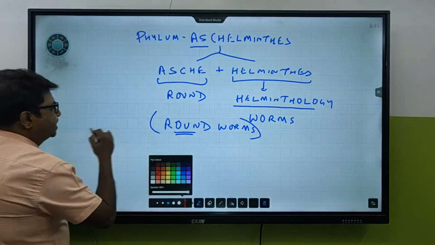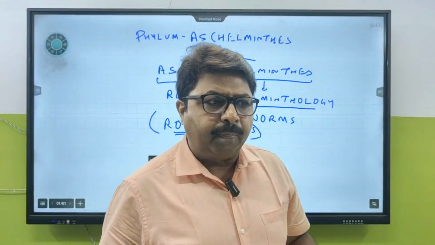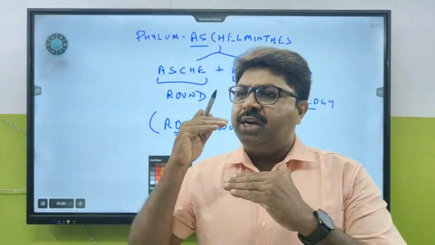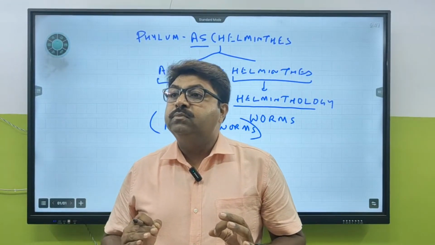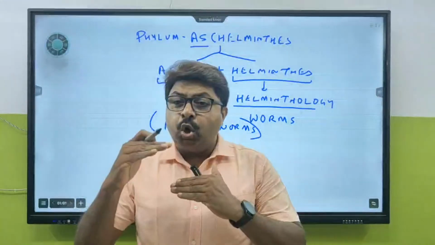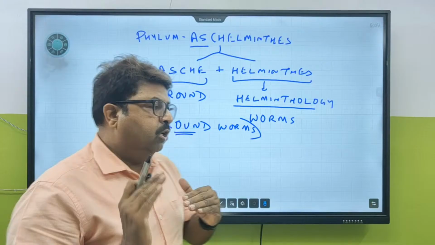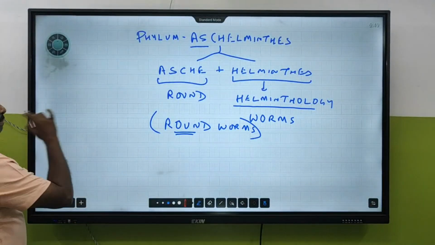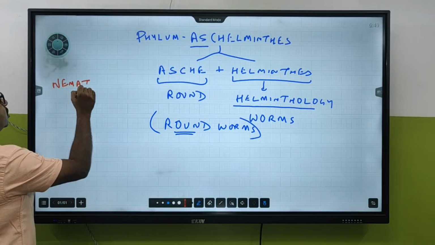Just before this we talked about Platyhelminthes, meaning they were flat worms. They were dorso-ventrally flattened bodies. But right now we are talking about round worms, so they are not dorso-ventrally flattened. In round worms, what is the best example? Before we get into the example, let me give you another term.